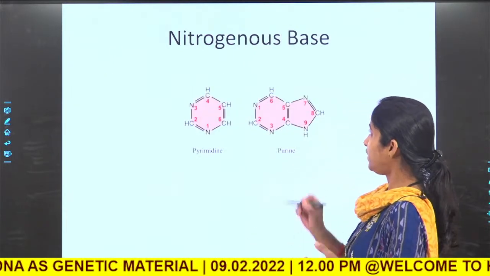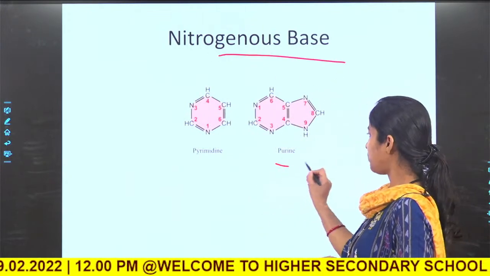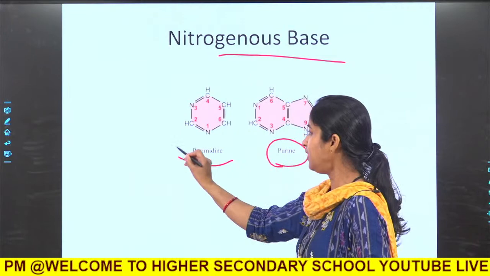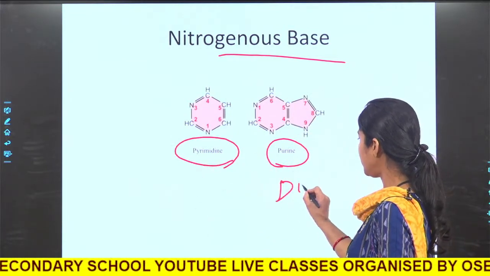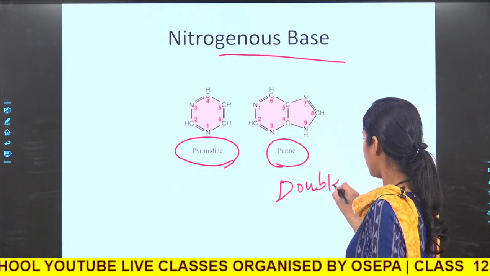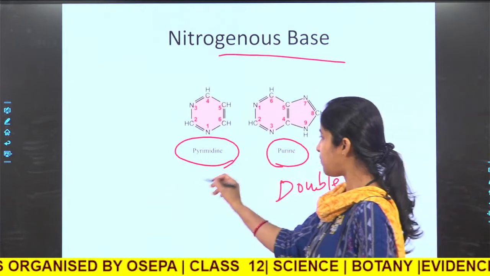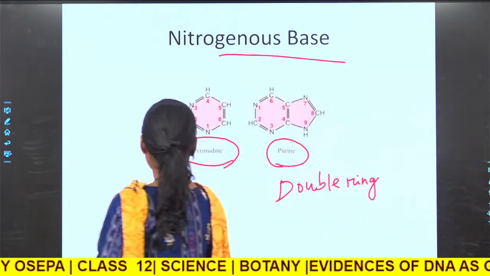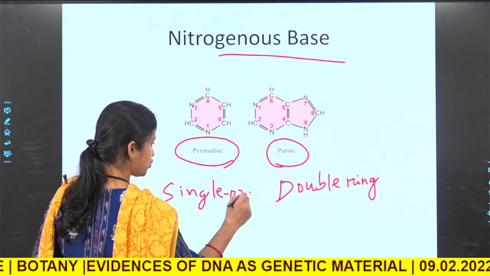Structurally, the nitrogenous bases are of 2 types. One is a purine base, the other is a pyrimidine base. The purines have a double ring structure, whereas the pyrimidines have a single ring structure.